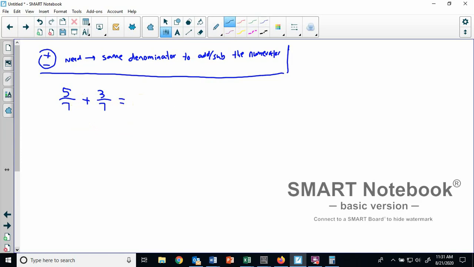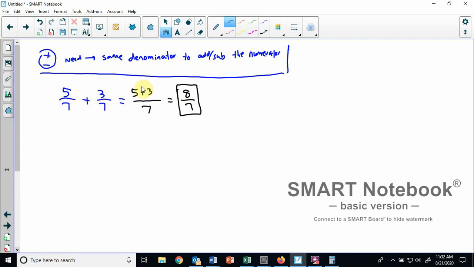So when you are adding or subtracting fractions, you make sure they have the same denominators and you leave that denominator alone. The bottom of this fraction is 7. What's happening up top is the operation. So if I'm adding 5 sevenths plus 3 sevenths, that's going to be 5 plus 3 over 7. And what is 5 plus 3? 8. 8 sevenths. Does this reduce? Nah, so we're finished.